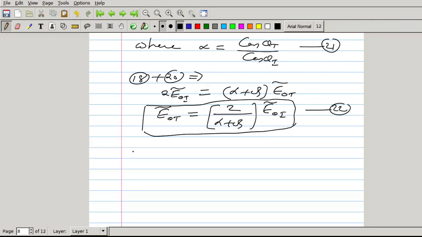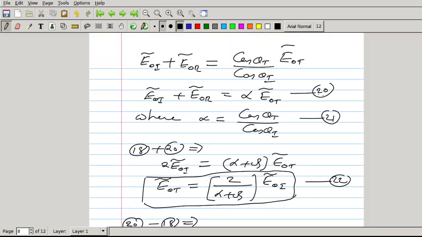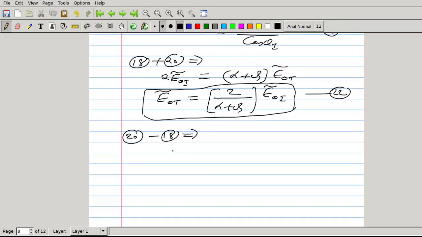Now equation 20 minus 18 gives E0I plus E0R minus E0I minus E0R. So this will be 2 E0R equal to alpha minus beta into E0t. So E0R equals alpha minus beta by 2 into E0t.